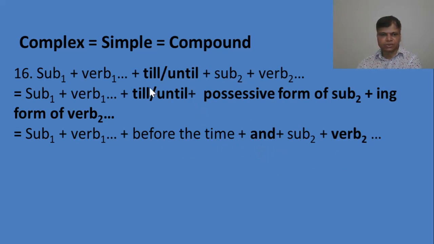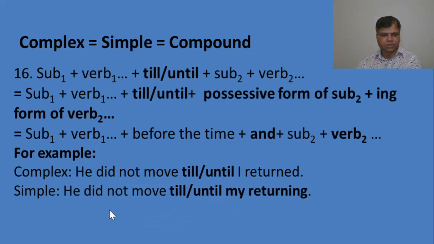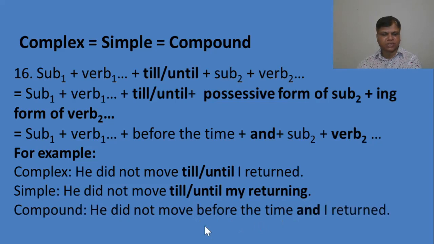That is, we have to use and, instead of till or until, if you want to make it a compound sentence. So look at the example. Complex sentence: he did not move till or until I returned. Simple sentence will be: he did not move till or until my returning. Compound sentence will be: he did not move before the time and I returned.